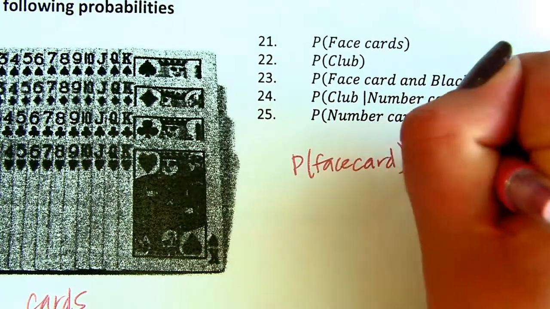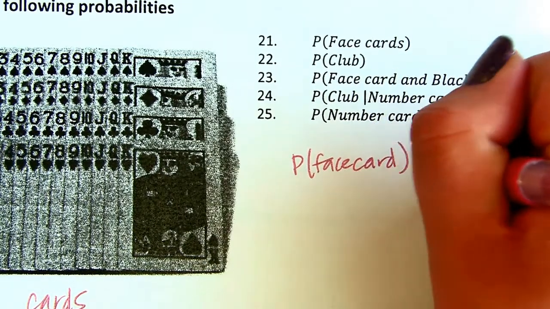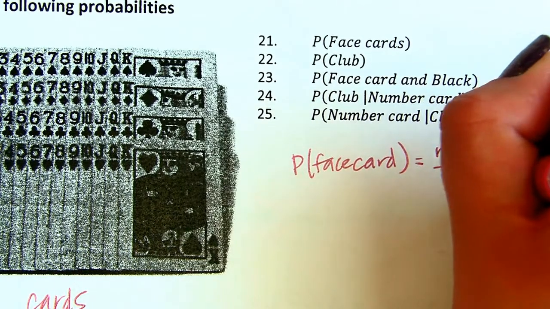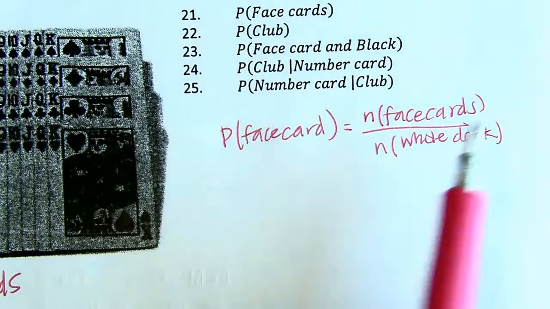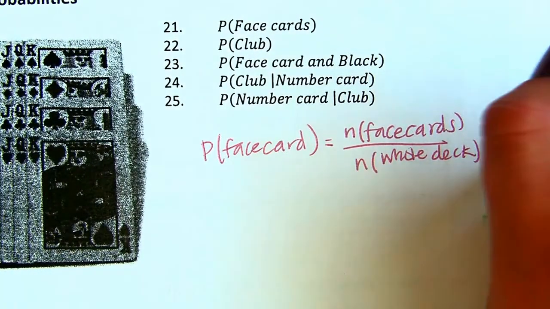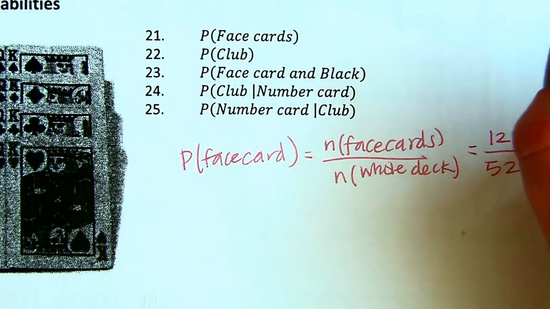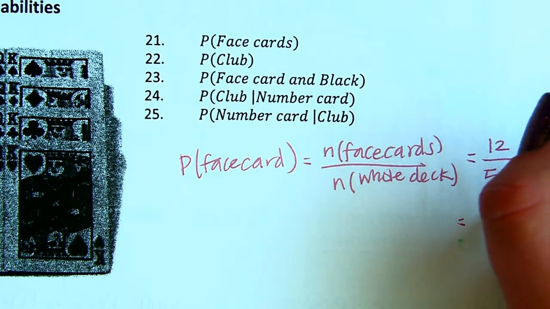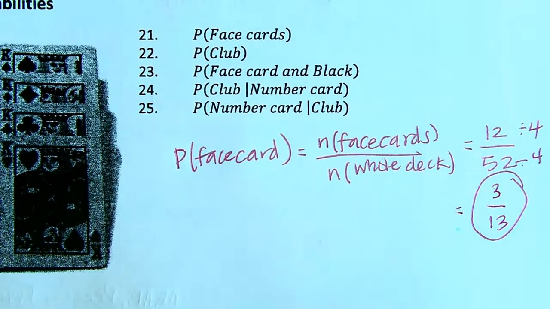Number of face cards divided by the number of our whole deck. So how many face cards are there? 12, and then the whole deck has 52 cards. I could probably divide by 4 here. So 12 divided by 4 is 3, 52 divided by 4 is 13. There's my probability.